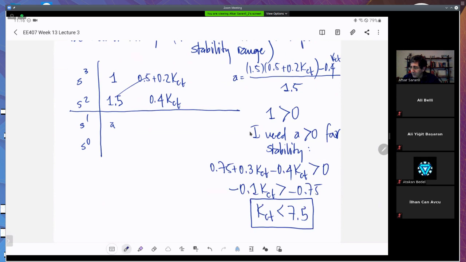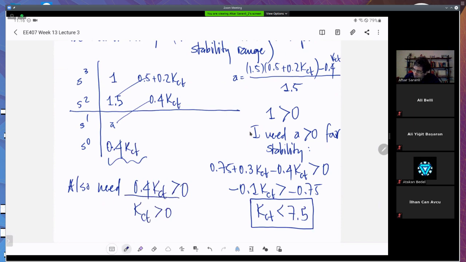Also, remember, the number over here is A times 0.4 KC minus 0 over A, so this is 0.4 KC. We need 0.4 KC to be larger than 0, and therefore KC needs to also be positive. So I am limited from the bottom by 0 and 7.5 from the top.